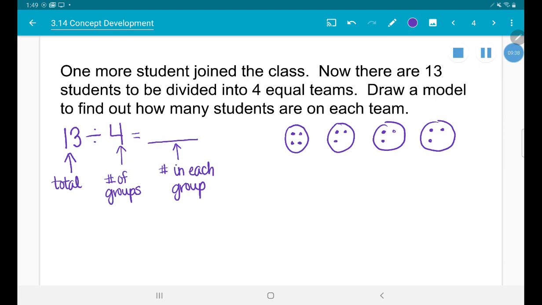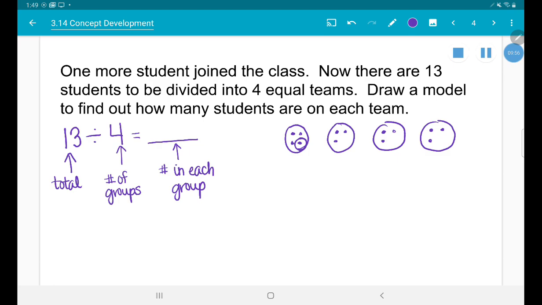What happens if I give all 13 students to a team? What happens to my groups? One of them is not equal. Yeah, there's one that's not equal. So this first group has 4, and the rest of them have 3.